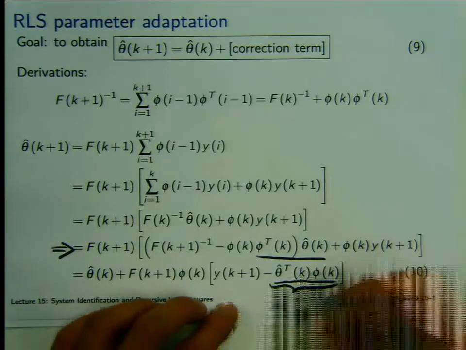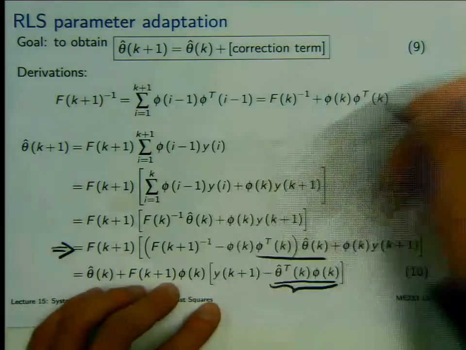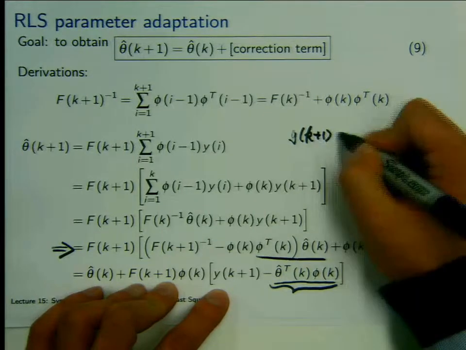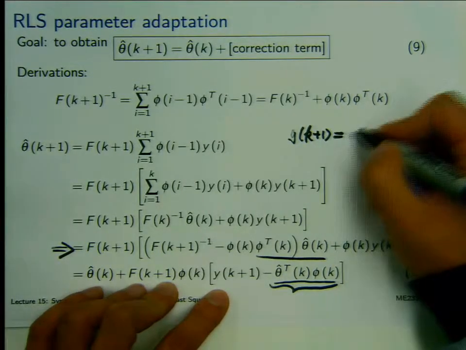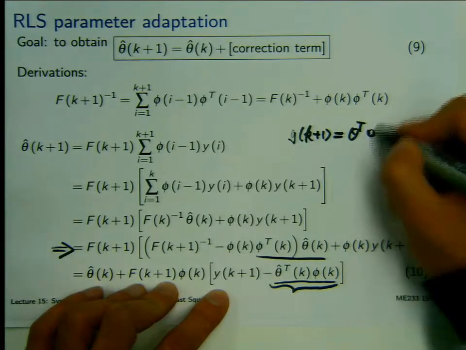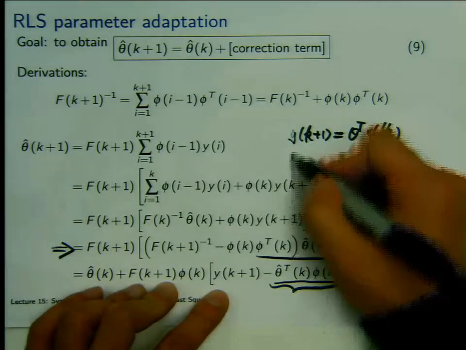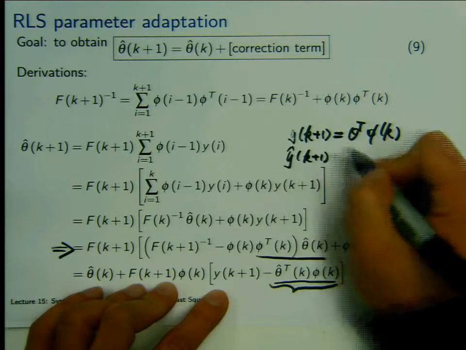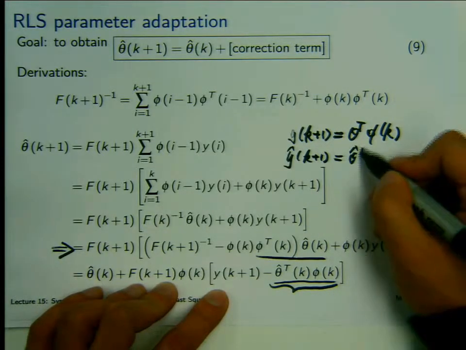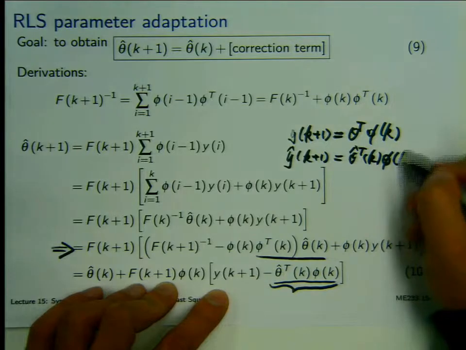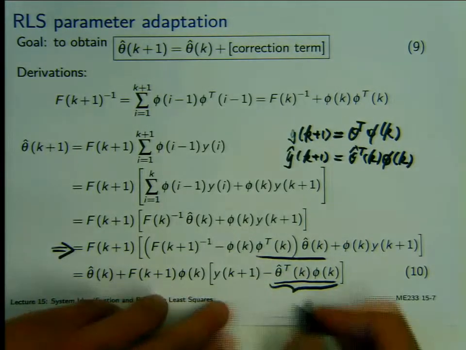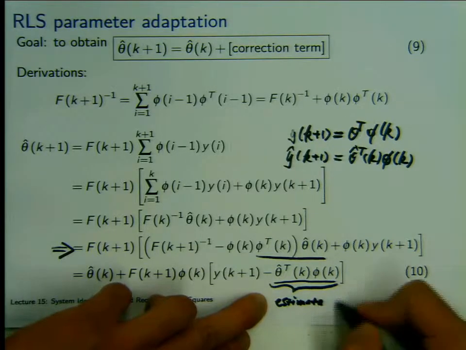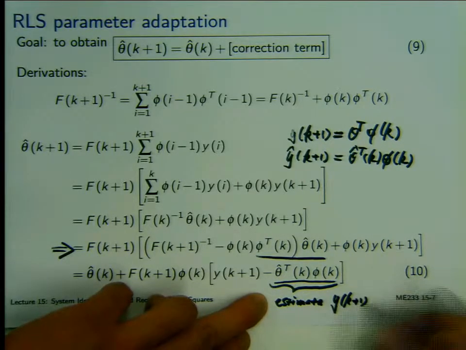So when we introduced the plant models, if you remember, we introduced the regressive form of the plant model, which is theta transpose phi k. And then we introduced this sort of estimation of y by this guy. So you see, exactly, this is an estimate of y_{k+1}.